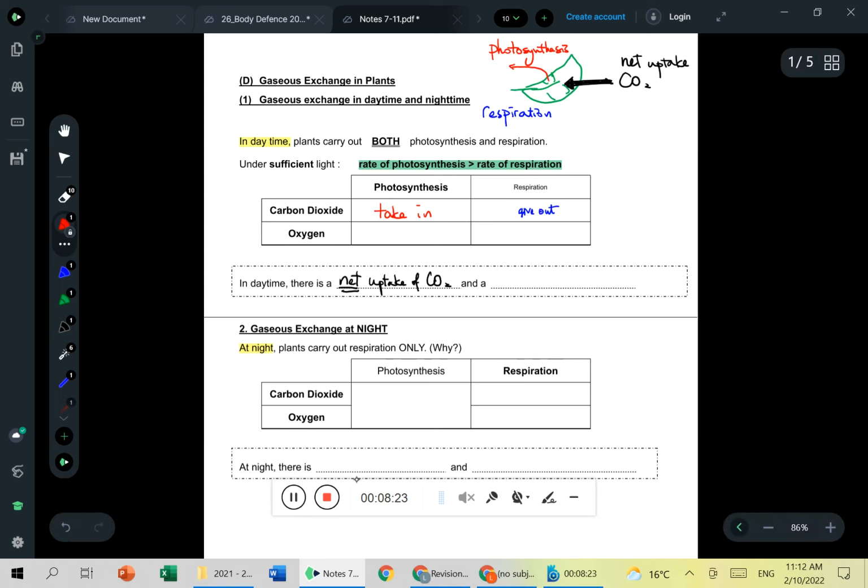Photosynthesis releases oxygen, but respiration takes in oxygen. So what it means is that since photosynthesis is much faster than respiration, it means that overall there is a net release of oxygen.